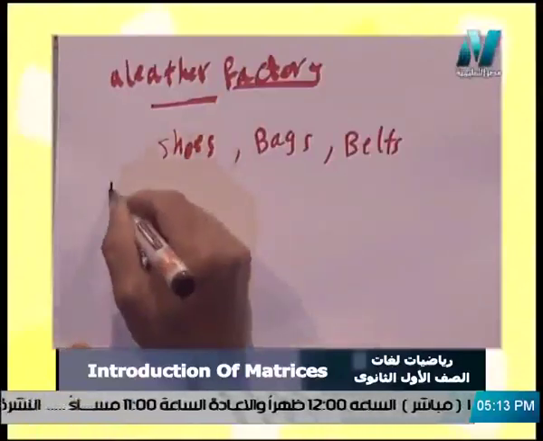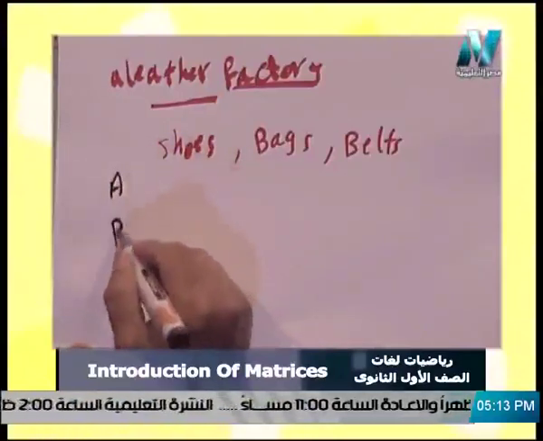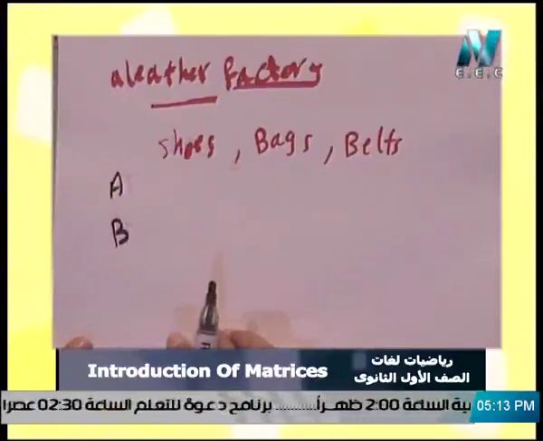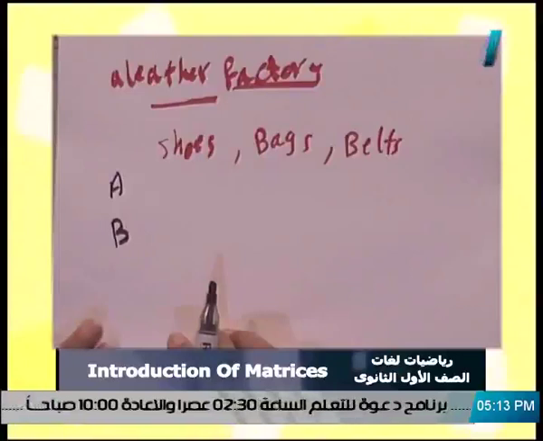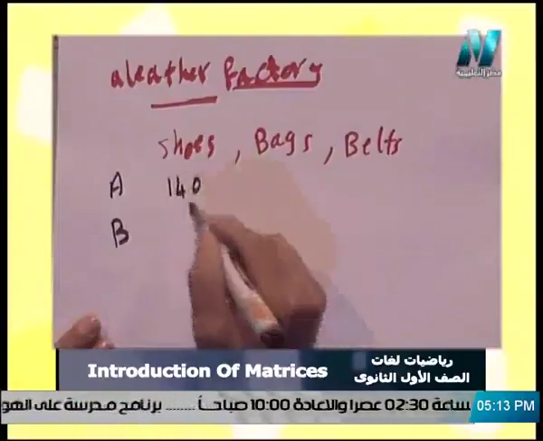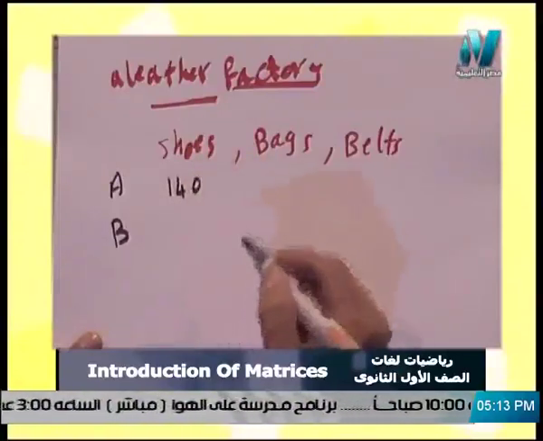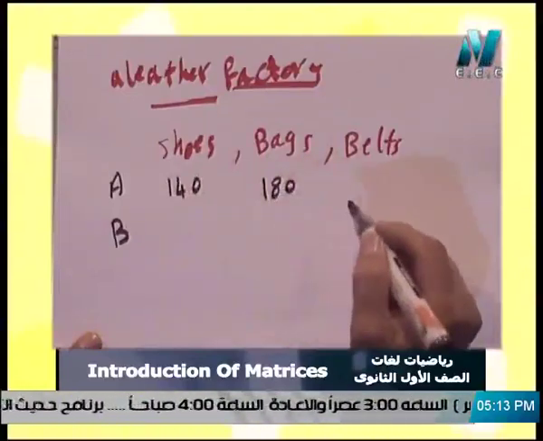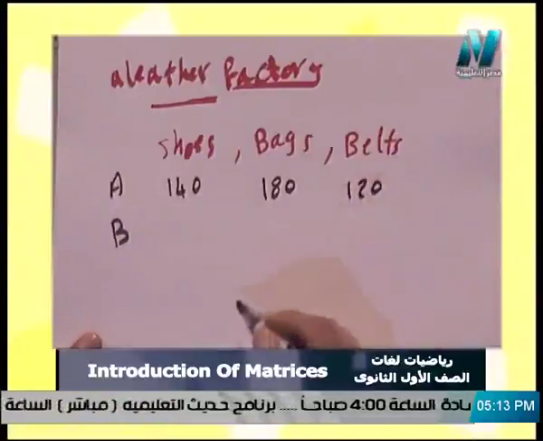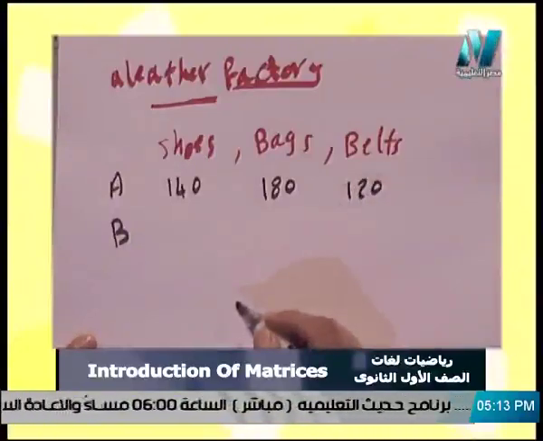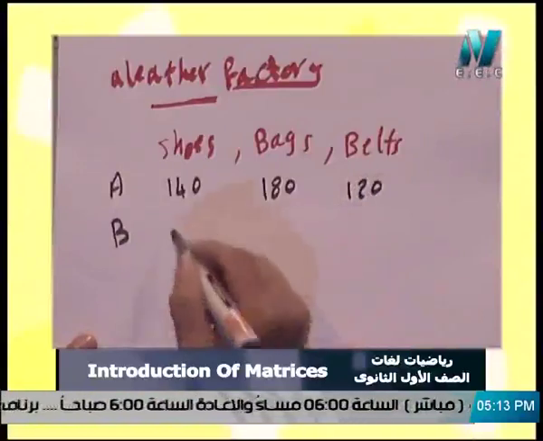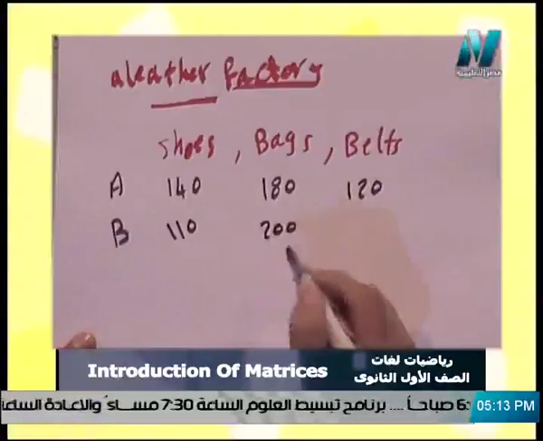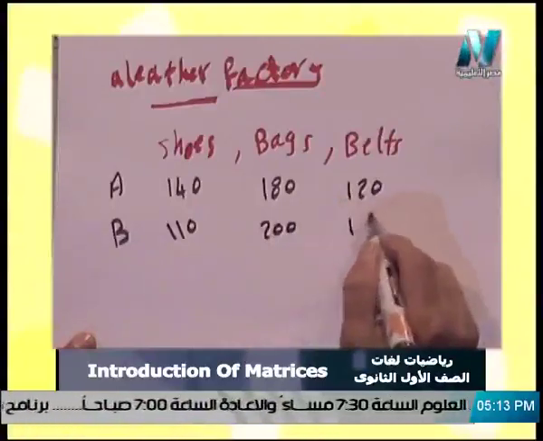The first branch is called A, the second branch is called B. The first branch produces 140 shoes, 180 bags, and 120 belts. The second branch B produces 110 shoes, 200 bags, and 150 belts.